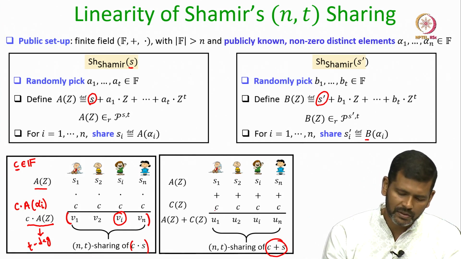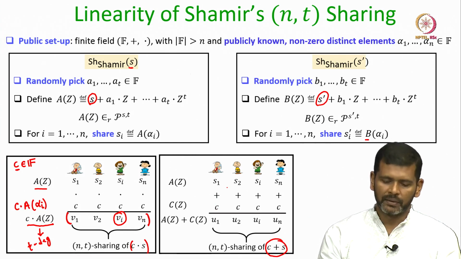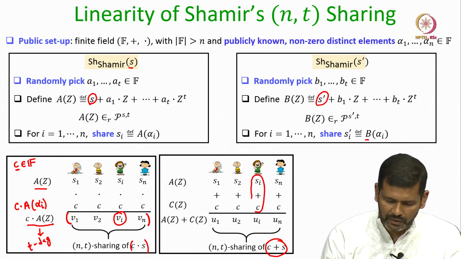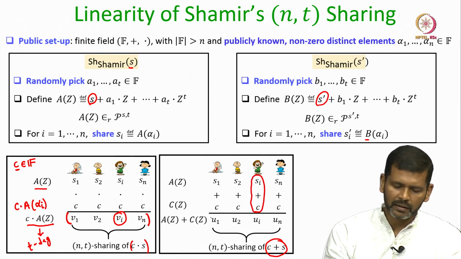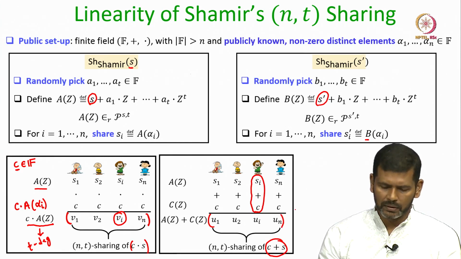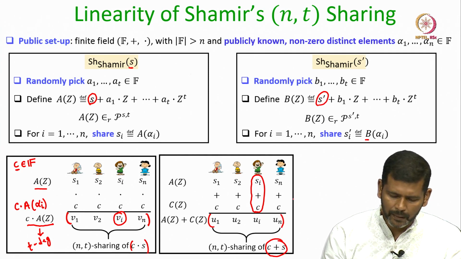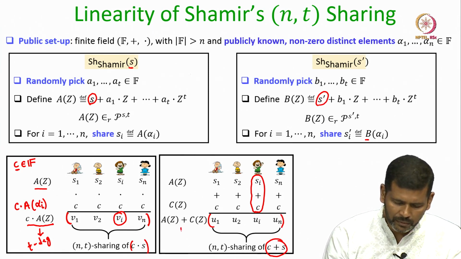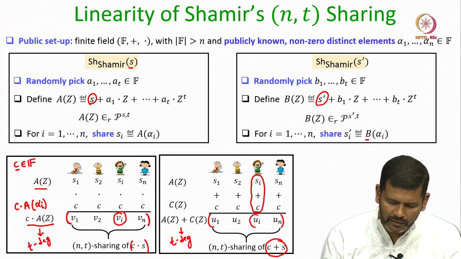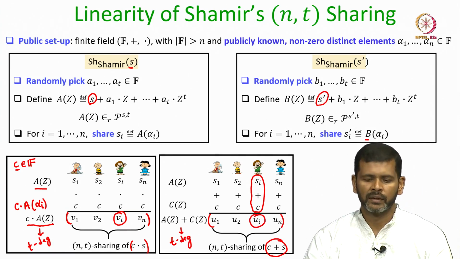Each party can just locally add the value C to its respective share of S. So, P_i can add C to its share of S, namely S_i, and this operation will result in a vector of values. That vector of values will now lie on a polynomial whose degree is t and whose ith point is the ith component in this vector.